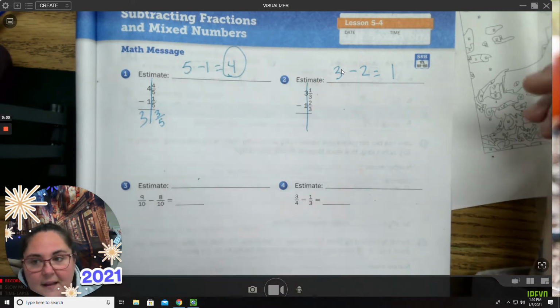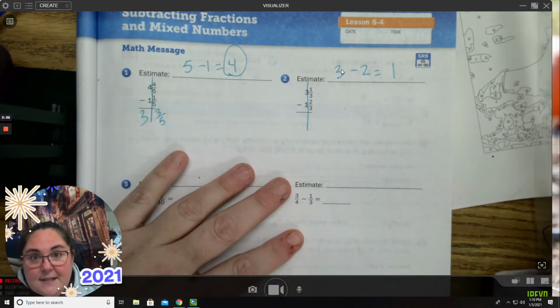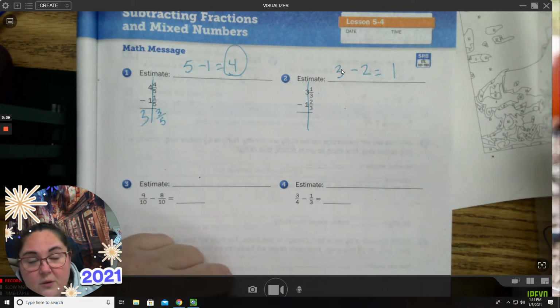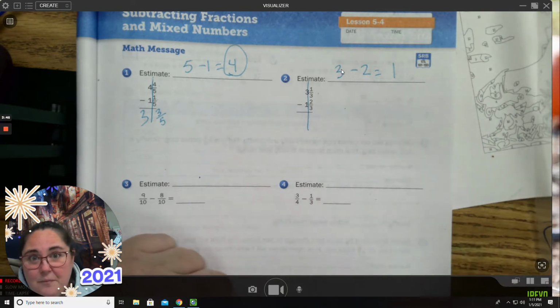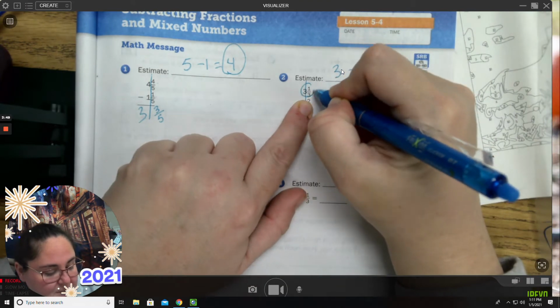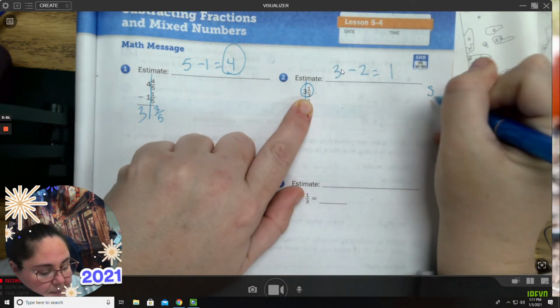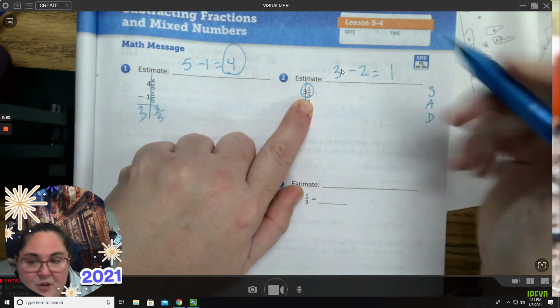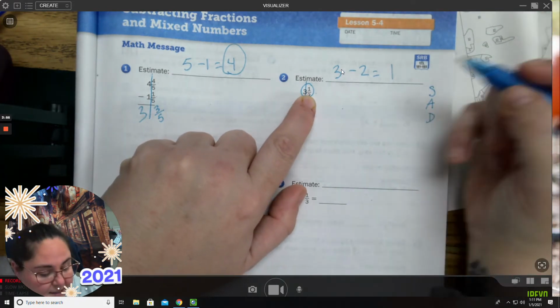All right, there are a couple of options when we get to this. We can draw a picture, which could work. Or we can rename our fractions and our mixed numbers. I'm going to rename this time. Remember, to rename my mixed number, I'm going to use the SAD method. Subtract a whole, so 3 minus 1 is 2.